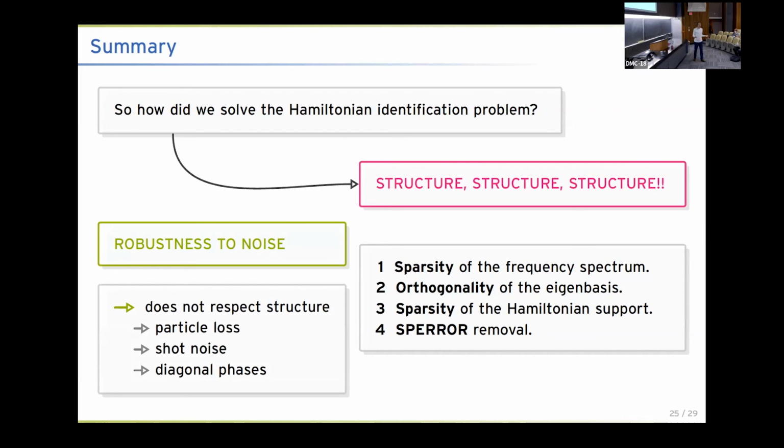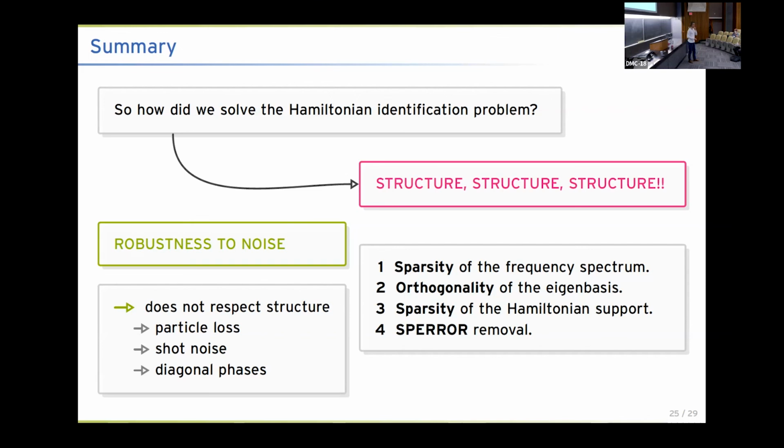Now the method is nice, because using structure gives you extreme robustness to noise. All noise sources which don't respect the structure are just immediately cut out of our reconstruction. In particular, all incoherent sources of noise don't respect the structure, say particle or shot noise. Diagonal phase noise is something that we actively corrected.